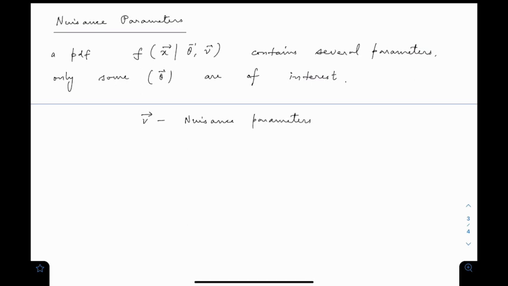So if you know the PDF of a nuisance parameter vector, that is the prior of nu, then we can eliminate nu simply by integrating it out.